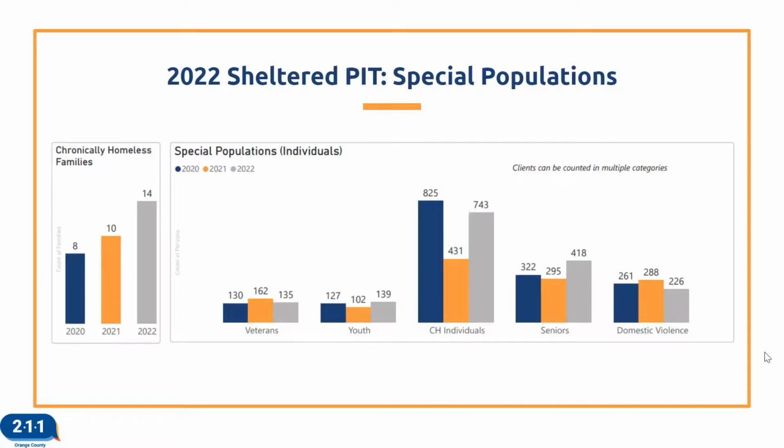So the trends seem to show that since 2019, we are seeing more vulnerable clients that are remaining homeless. So more chronically homeless, more disabilities, and more seniors. And I think that's it for my point in time and HIC report updates. I'll pause a second to see if there's any questions.